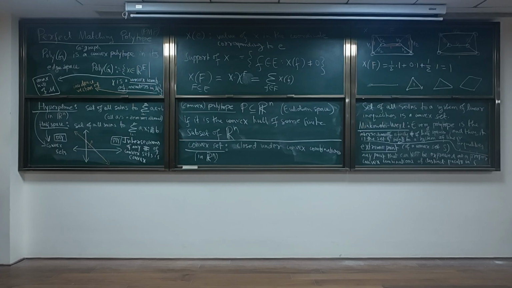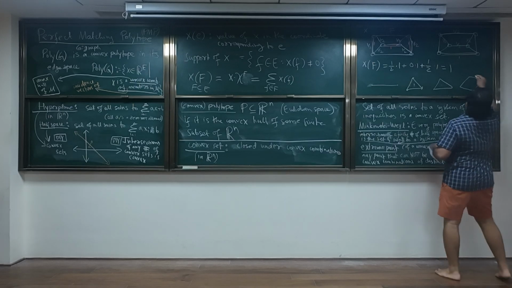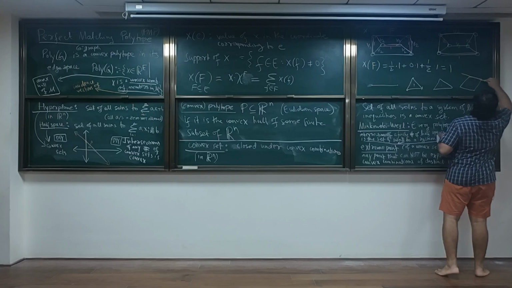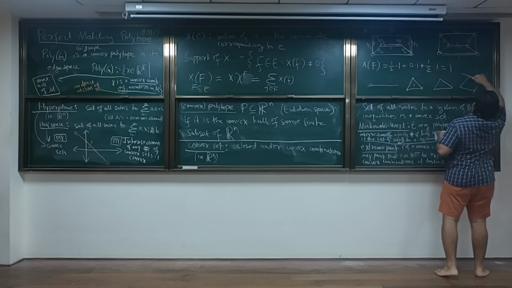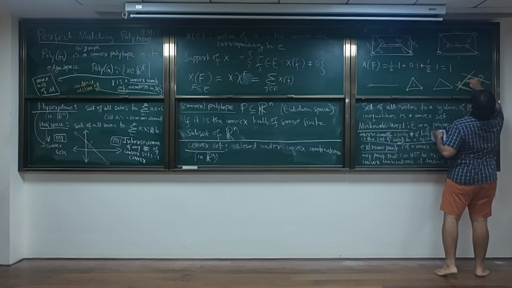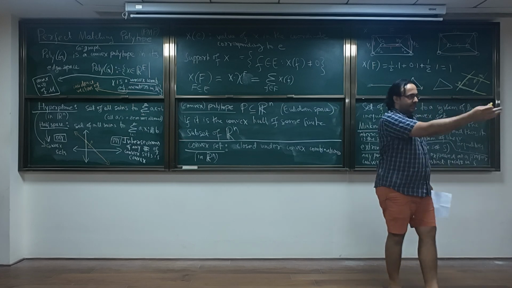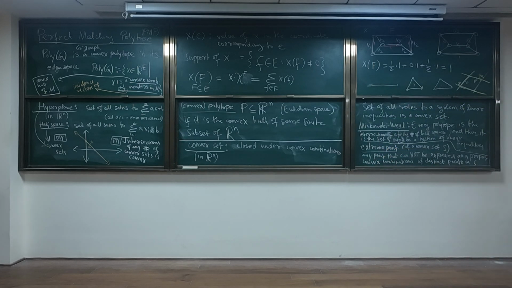And if you actually give me a polytope, that is exactly what I will do. If this is the given polytope, we will just consider this line, the corresponding half space, this one, and this one. And now I will give you the system of linear inequalities. There will be 4 inequalities, and the intersection will be exactly this set.